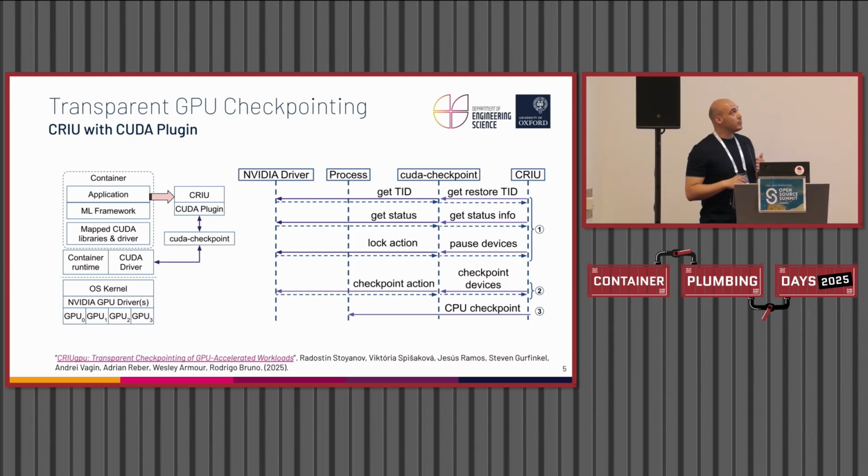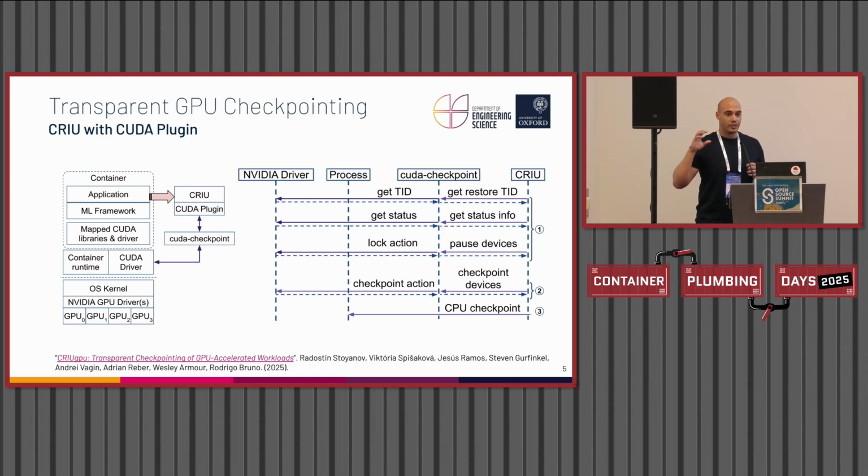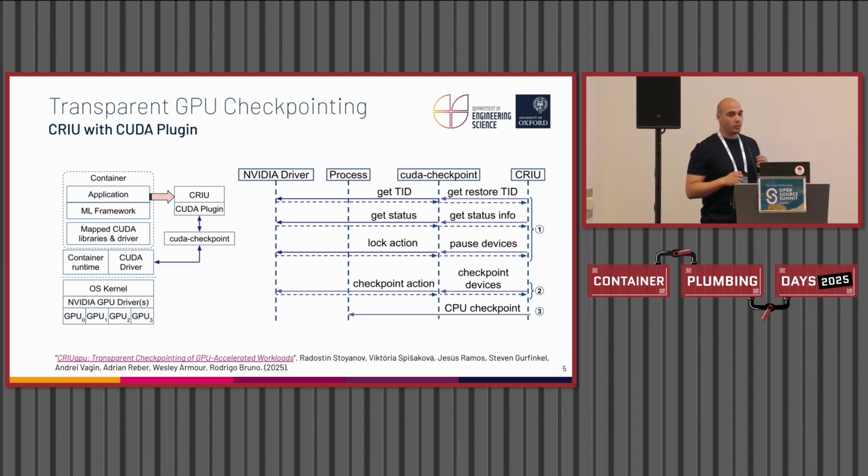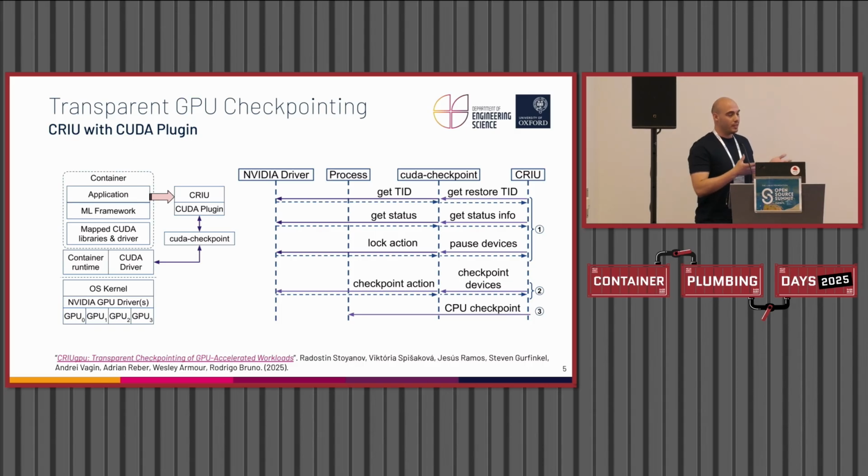In particular, NVIDIA introduced a tool called CUDA checkpoint. This tool allows you to capture the GPU state and move it into host memory. Then we have another tool called CRIU, checkpoint restore in user space, that allows you to save the memory pages and the host state of the container. This tool is integrated with several container runtimes, including Docker, Podman, and Kubernetes.